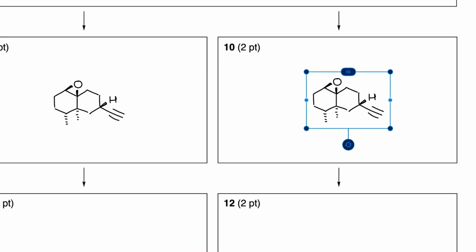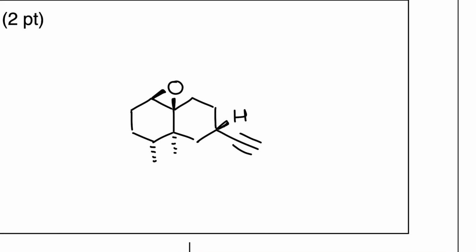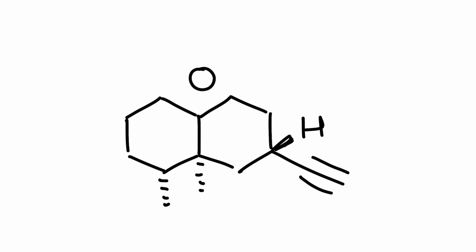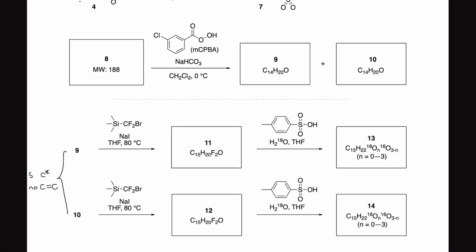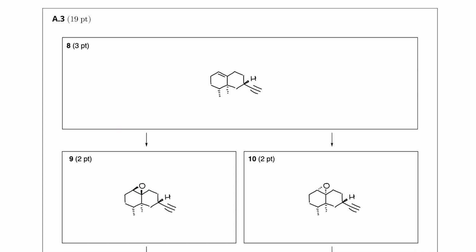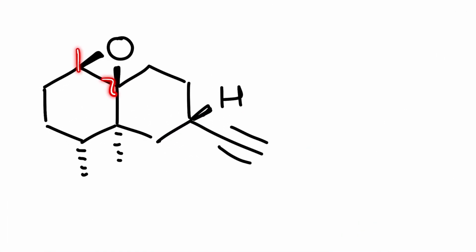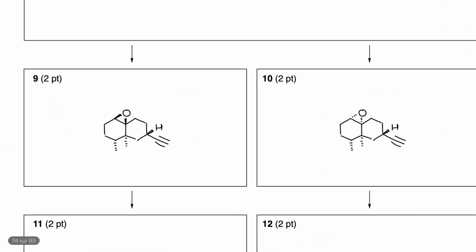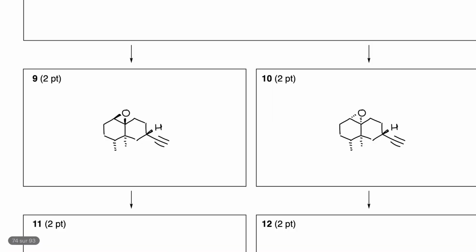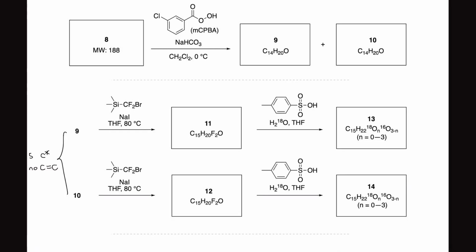It's the diastereomer. So instead of wedges, we have dashes. Okay, great. And let's count the number of stereocenters. They've given us that there are 5 stereocenters. So let's count 1, 2, 3, 4, 5. Okay, that corresponds. This one, 1, 2, 3, 4, and 5. Okay, good. That also corresponds to what they have given us.